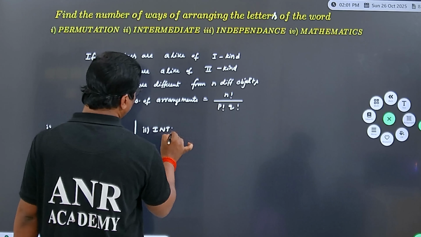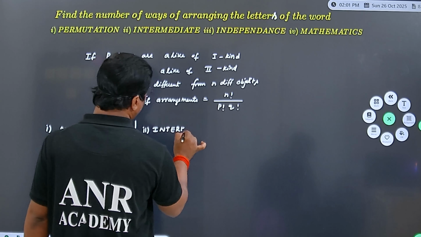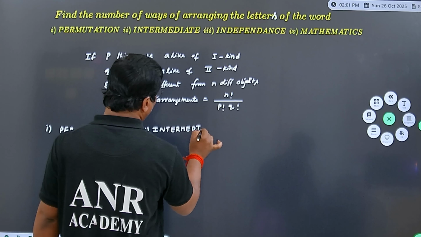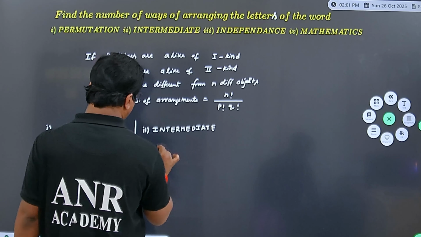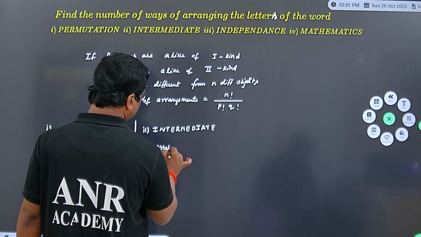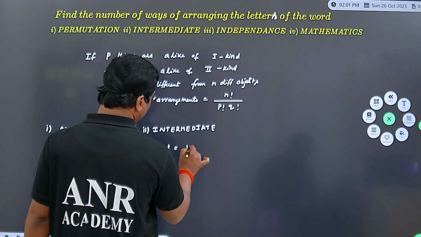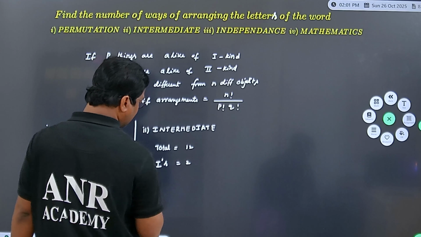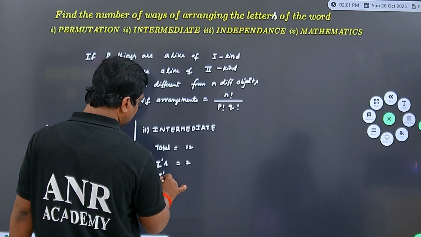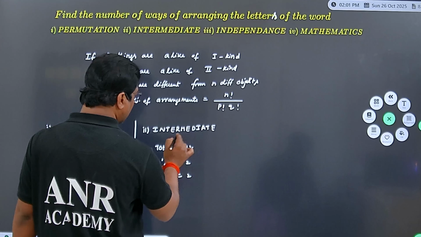Next, second one, you have intermediate. Total how many letters are there? Let us count here. Total letters you have 12, in which i's are 2, number of t's also 2.